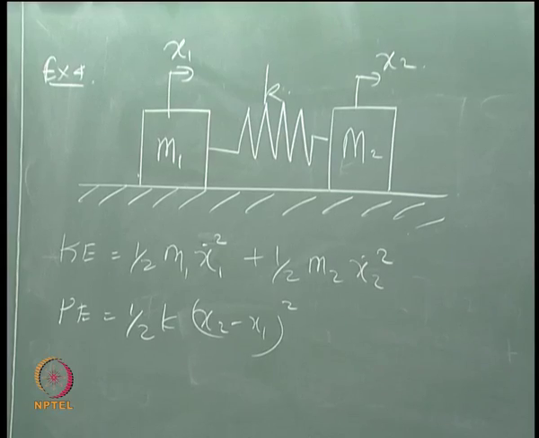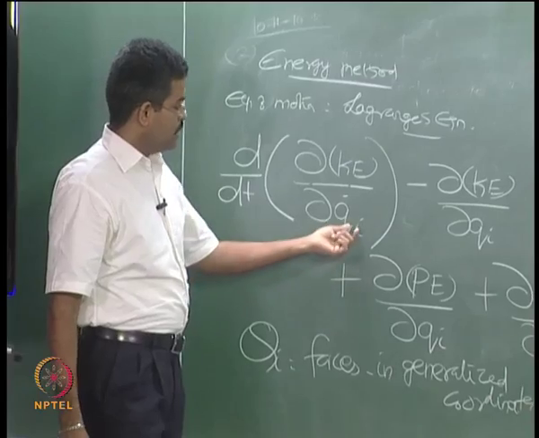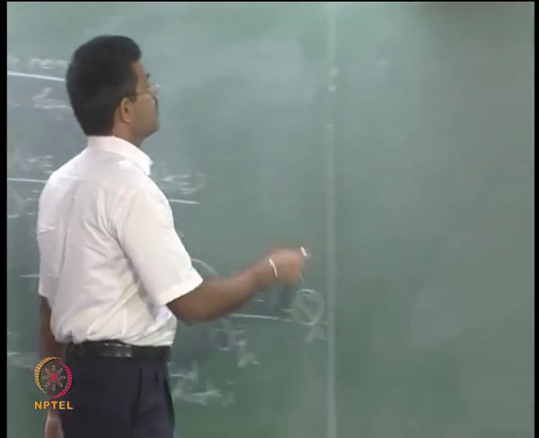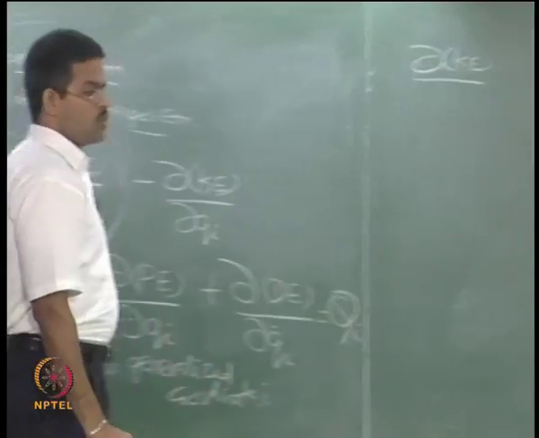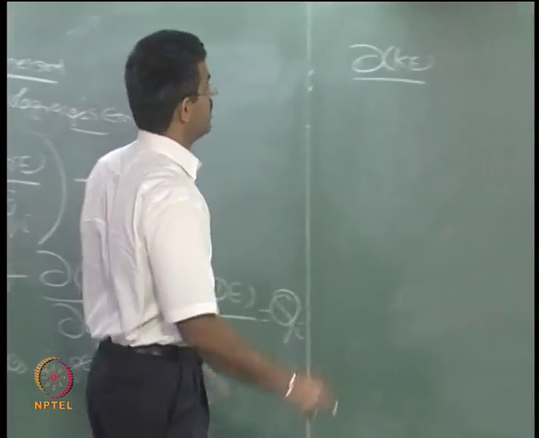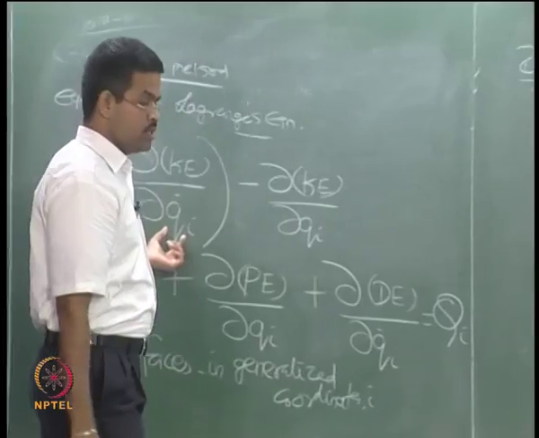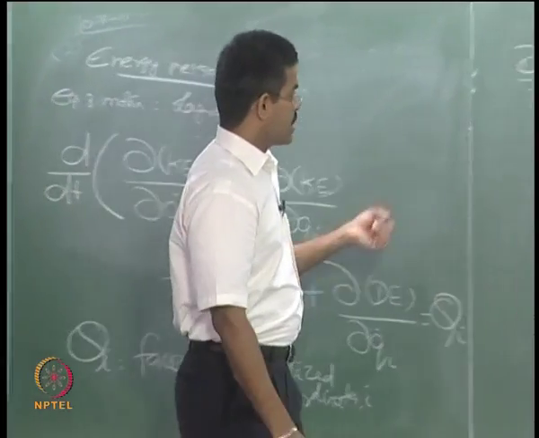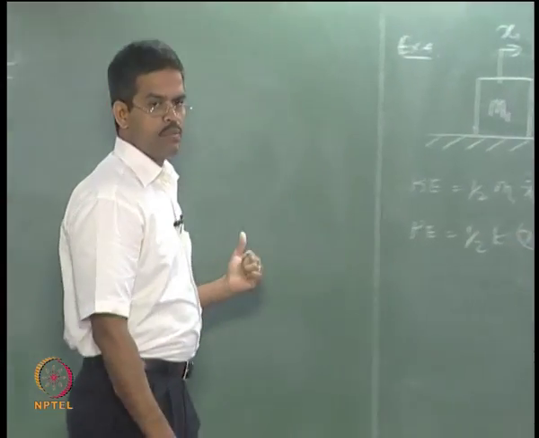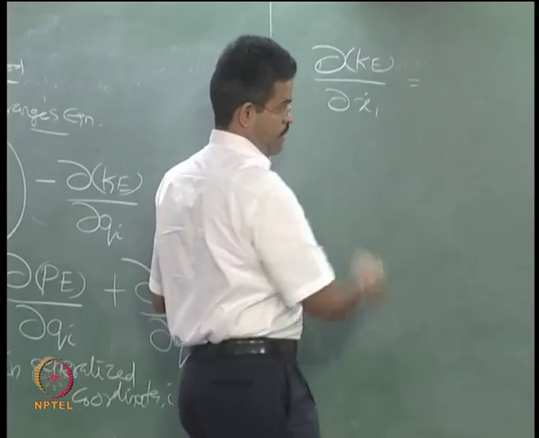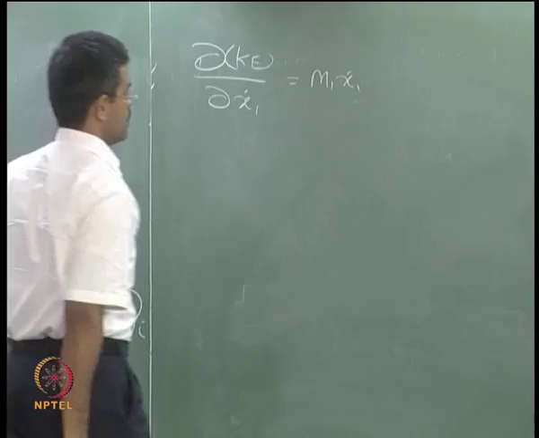The Lagrange equation says you first find the partial derivative of the kinetic energy with respect to each one of the degrees of freedom. So, let us try to do that first. Instead of qi I am using my generalized coordinate xi. So, partial derivative with respect to x1 dot, because kinetic energy is a function of x1 and x2 both. I take a partial derivative of this, and this will become simply m1 x1 dot.